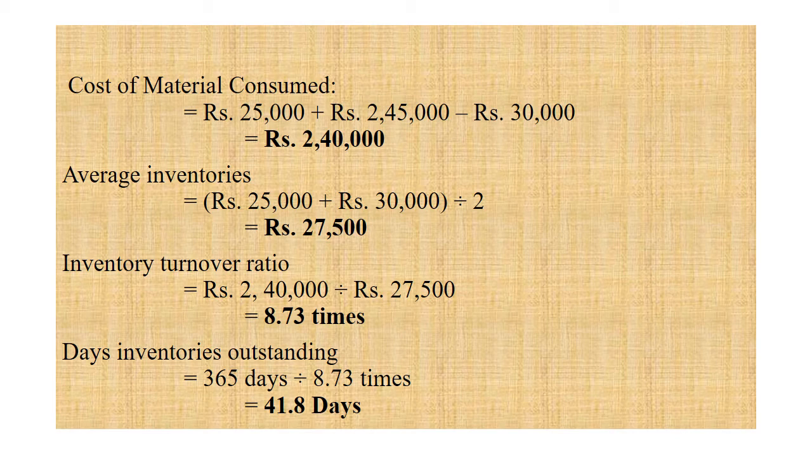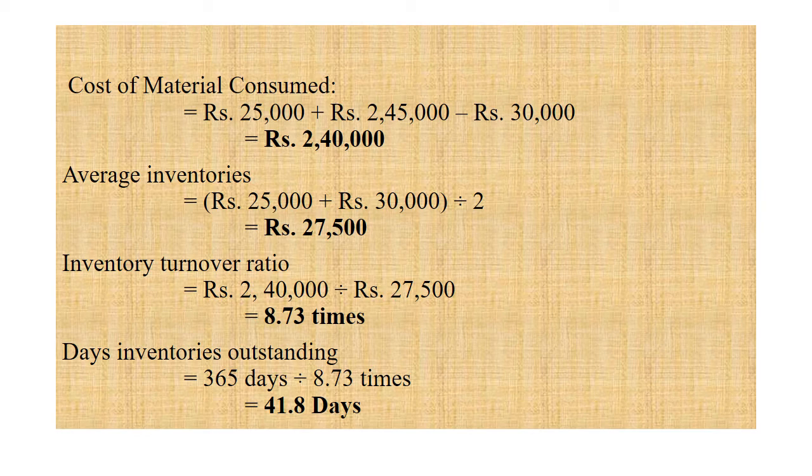Then average inventories, opening stock plus closing stock divided by 2, and we get rupees 27,500. Now we know the formula, that is cost of goods sold divided by average stock, or the cost of materials consumed divided by average stock. We get a value of 8.73 times.